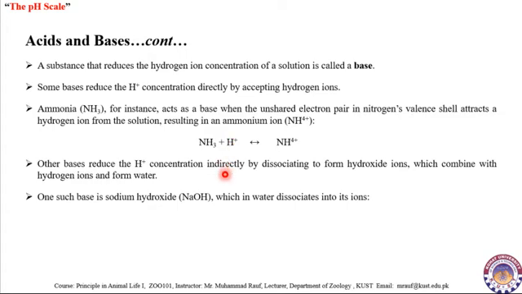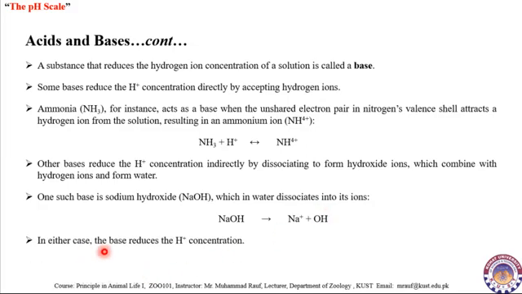Now here the population of hydroxyl ions increases in comparison to the hydrogen ions. So what will happen? The basicity of the solution will rise. So the rise in basicity of a solution is ensured in two ways: either decrease the population of hydrogen ions or increase the population of hydroxyl ions.